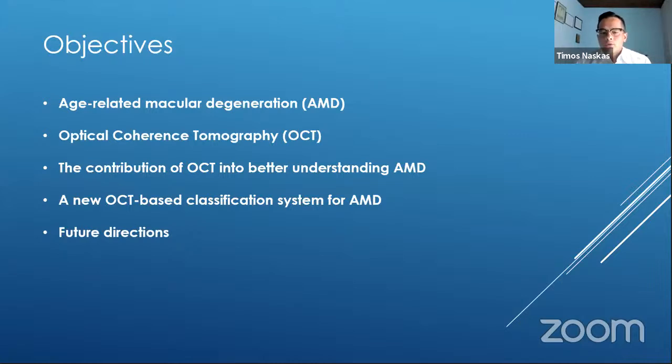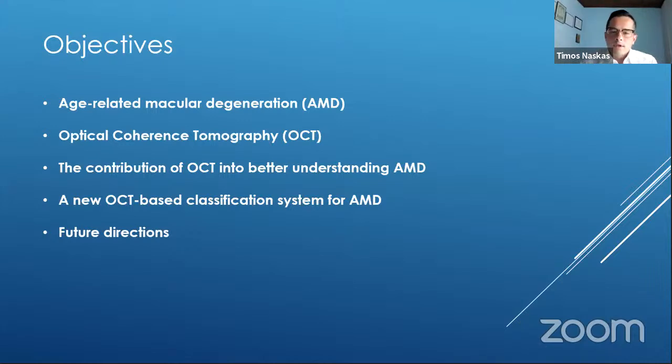Then I will develop the methods that I used to bring up this OCT-based classification system for AMD that I developed for my study, as well as the results that we had. Also, I will discuss briefly by the end some future directions, so how OCT can be combined with artificial intelligence for better detecting and treating AMD and retinal diseases in general.